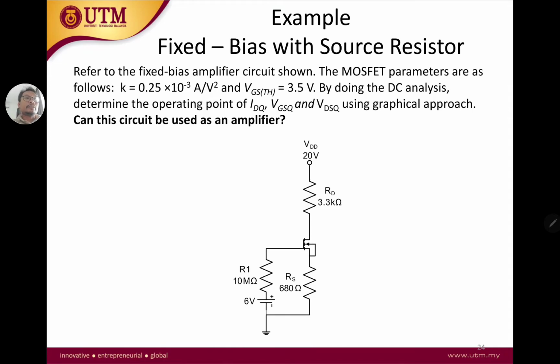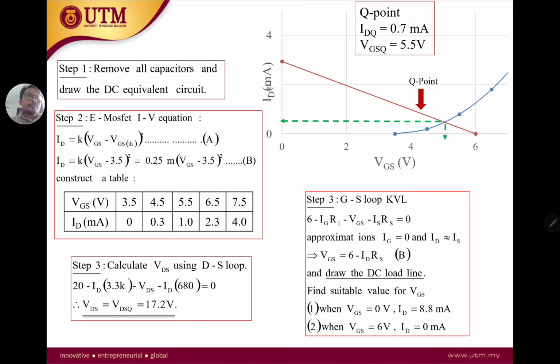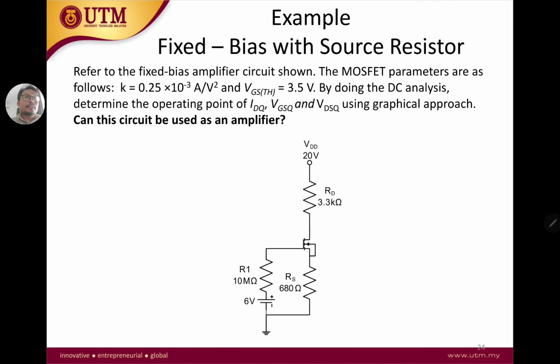Okay, let's look at one more example here. It's quite similar. The only difference is that we are going to add the RS. What is the effect of RS in this case? If you add RS here, then your KVL will change. Let's call this KVL2, and here is your KVL1.